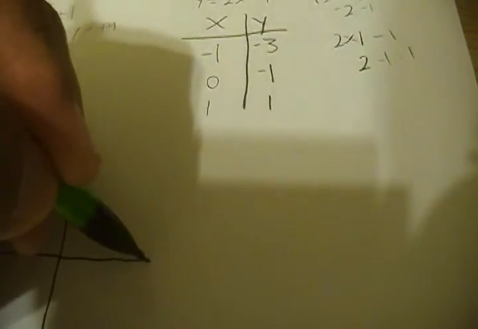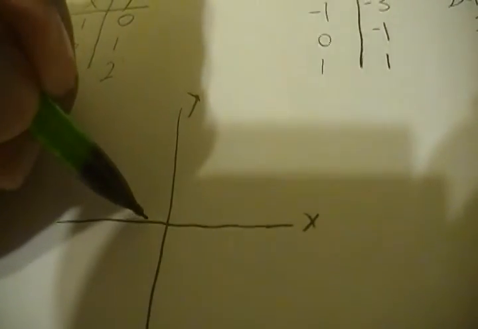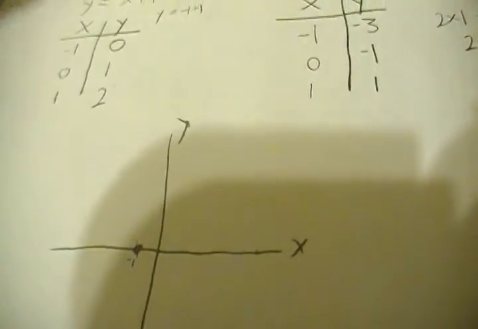So if we graph this, roughly, let's graph this one first. So we have negative 1, 0. So we have negative 1 to the left and 0. So this point. Then we have 0 and 1.